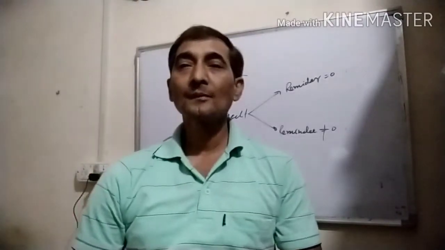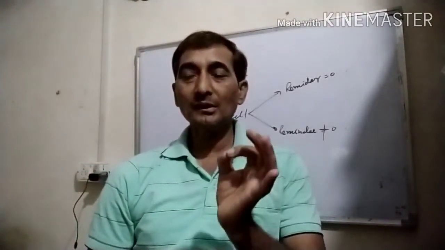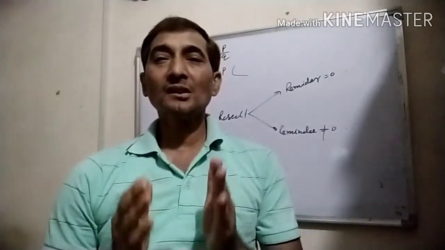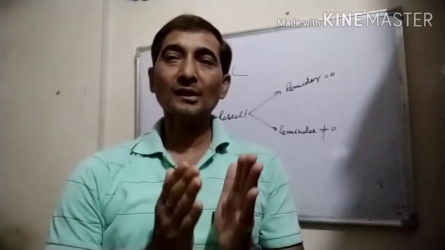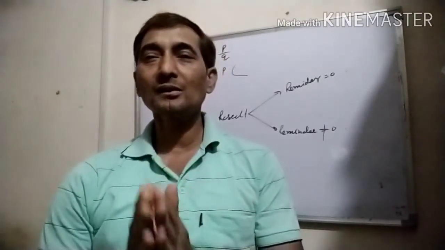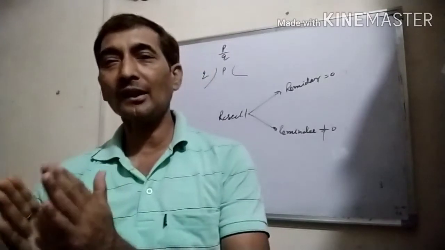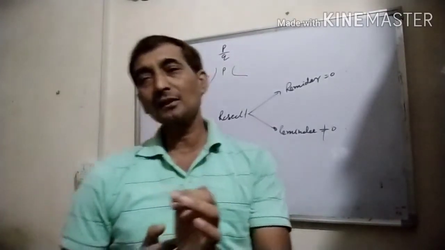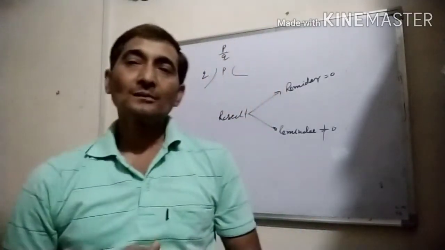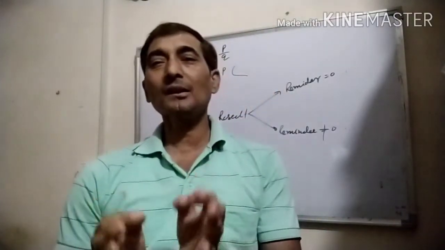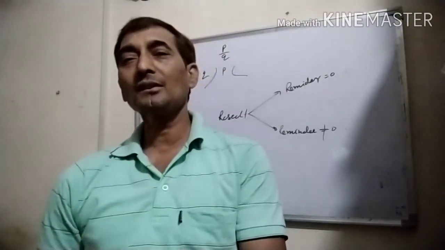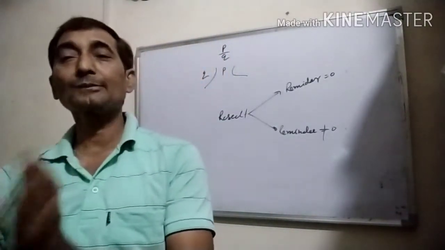Students, when in the process of division a remainder is 0, then that type of decimal expansion is called terminating decimal expansion. When the remainder is 0, then the decimal expansion is called terminating decimal expansion.